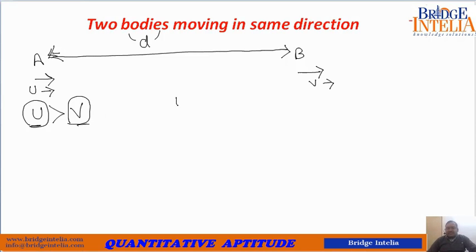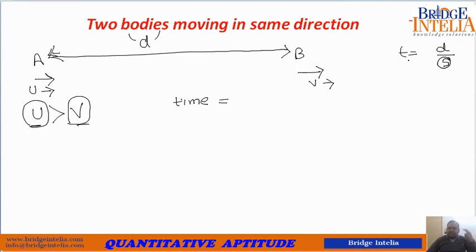Now the question is, how much time will be taken by A to catch B, to overtake B, to successfully chase B? How much time? So you know, time in general terms is equal to distance by speed. But here there is no concept of speed, because speed relates to only a single object.